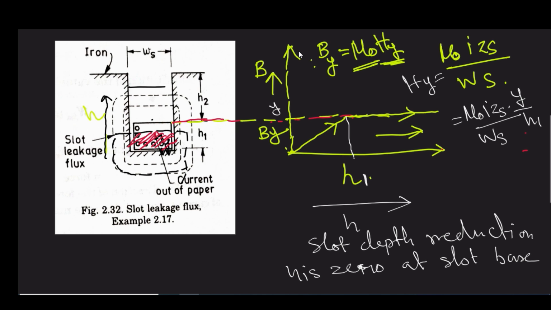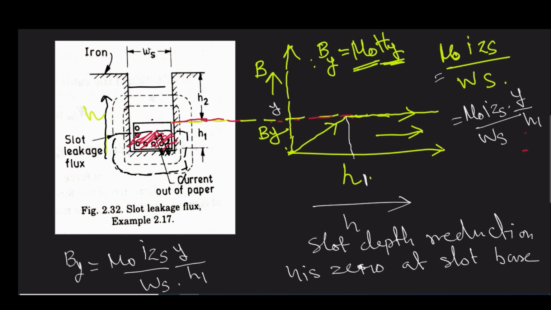With this we can write that By is equal to mu naught, this whole thing, Izs Y by H1 Ws. Now one thing is very clear: the flux density variation over this slot depth H1 plus H2.